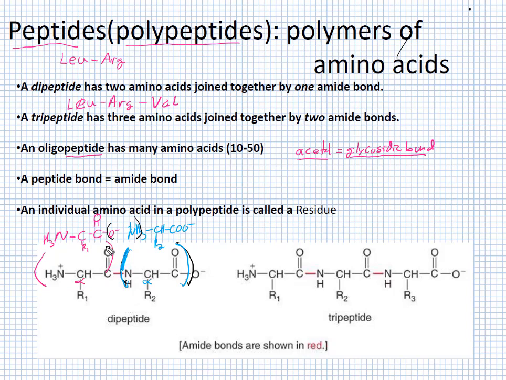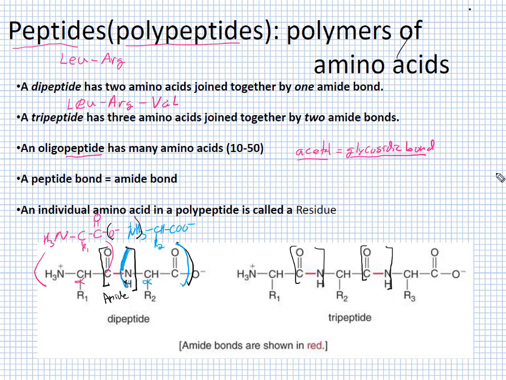Between two different amino acids, we have one peptide bond, right? So here's the peptide bond, and it's really what it is, an amide. See the same thing here. Here's a peptide bond between two different amino acids. Here's another peptide bond between two different amino acids.